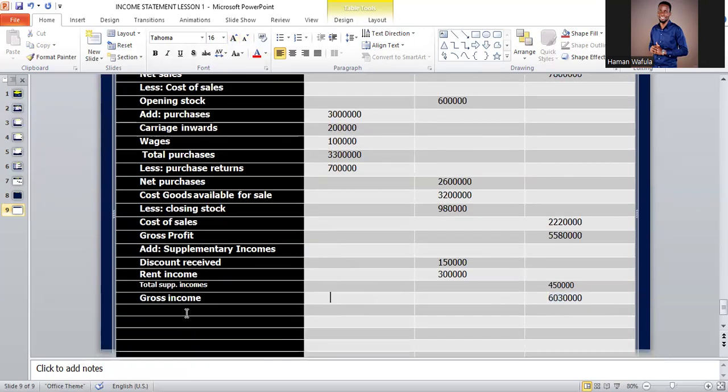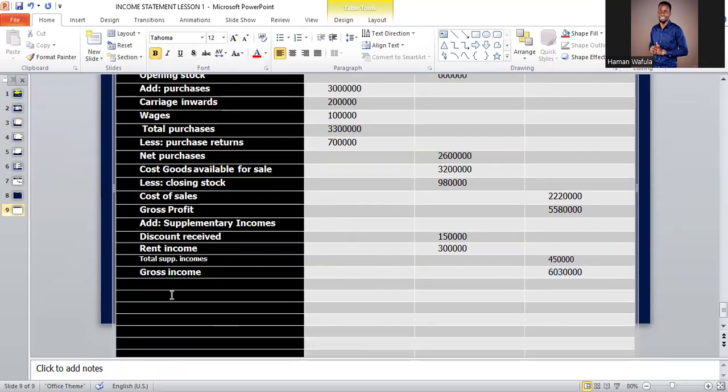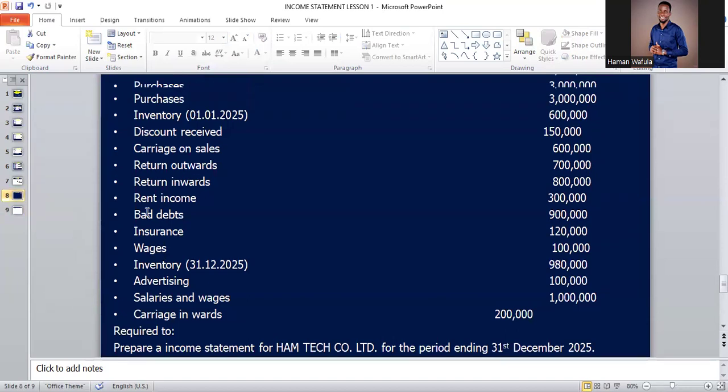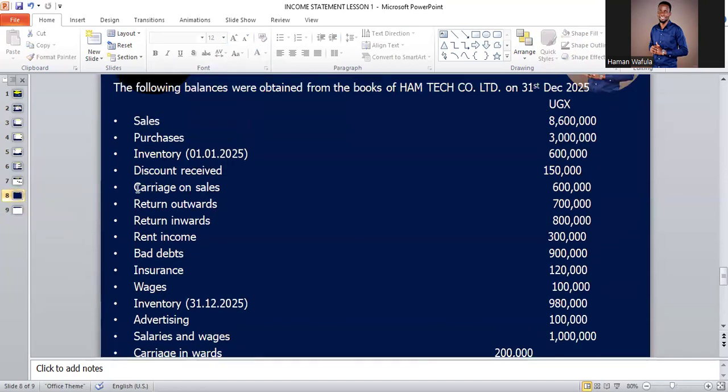So what you are left with is we're now going to subtract the operating expenses. So we begin identifying the operating expenses. Start from up here.